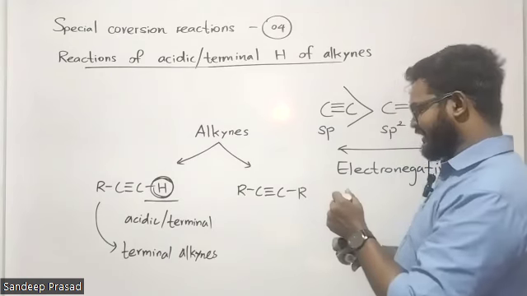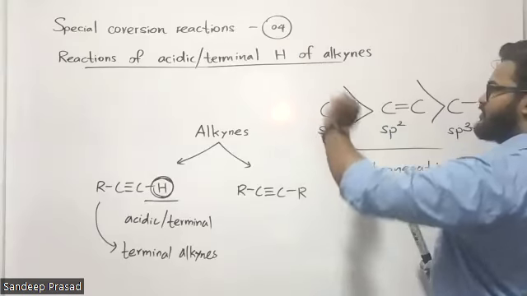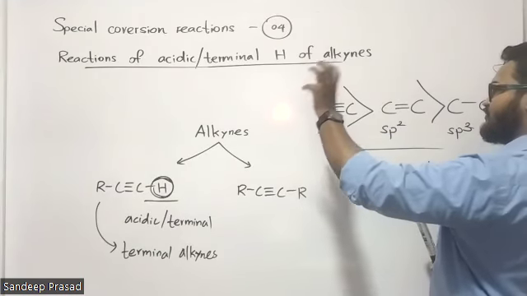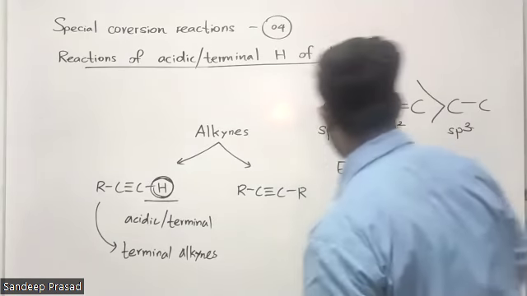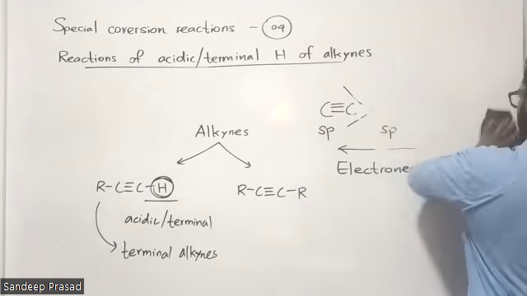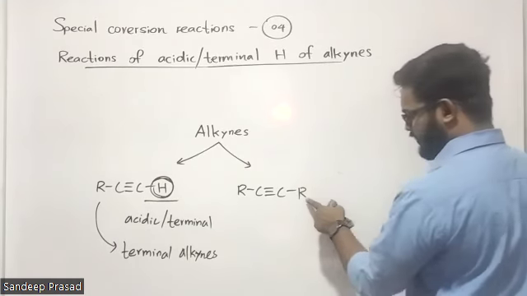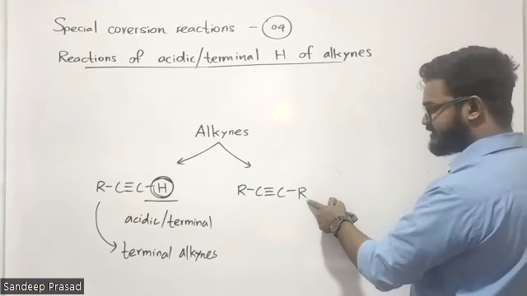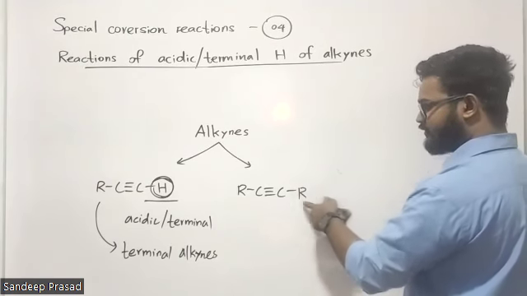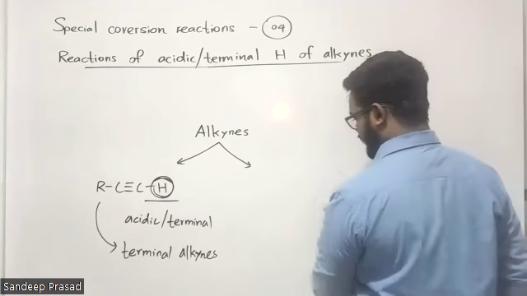This property belongs only to alkynes which have terminal hydrogens. It does not belong to alkynes like this, because these alkynes do not have terminal or acidic hydrogens, so we can't consider them.